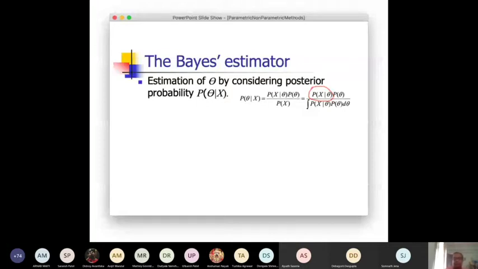And we have already seen how the prior significantly influences the decision process in Bayesian inference. So in this case also, if we have a prior probability distribution in the parameter space, it will have its own effect, and we need to consider that.